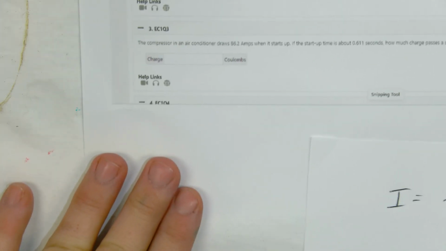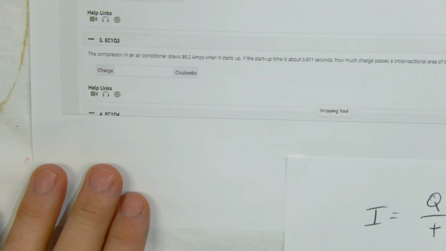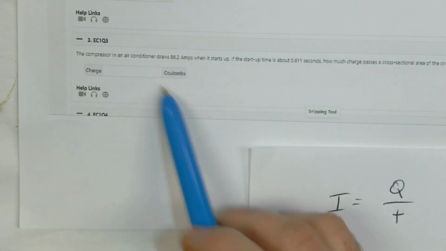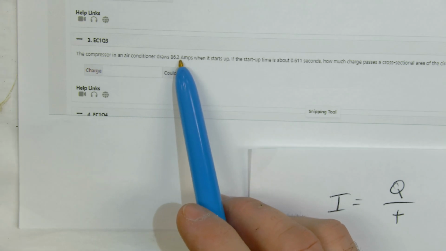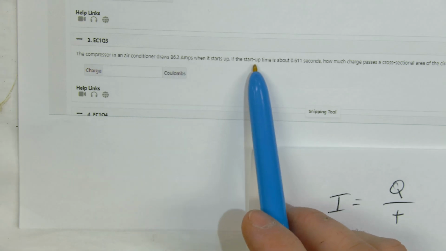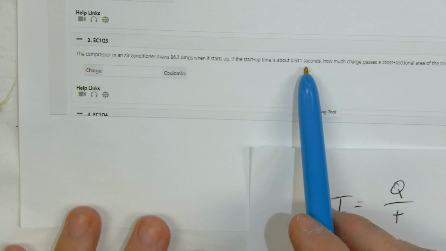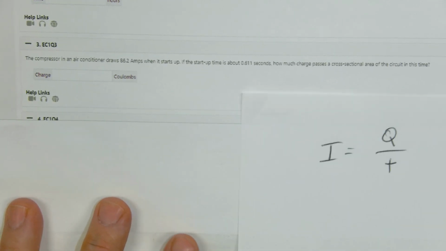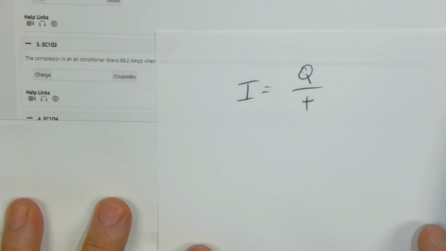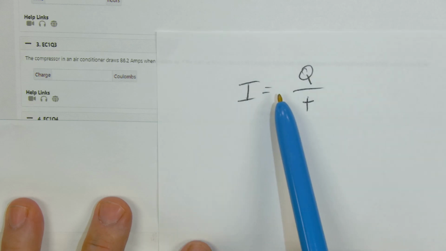All right, so the final type of question on this beginning one here, essentially it asks if you have an air compressor that uses a certain number of amps and the startup time is a certain number of seconds, it's wanting to know how much charge passes a given point at that time. So once again, it's giving you two of the three.